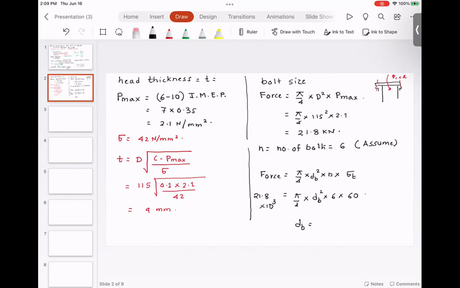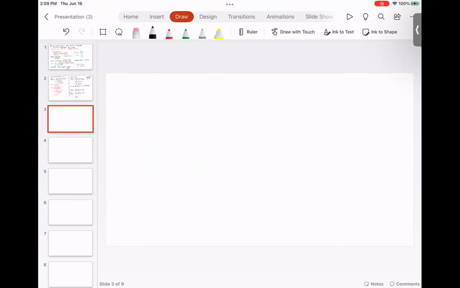Now it's not an easy question to answer. I'll tell you what happens. Let me show you. This is the cylinder, and then this is the cylinder head.